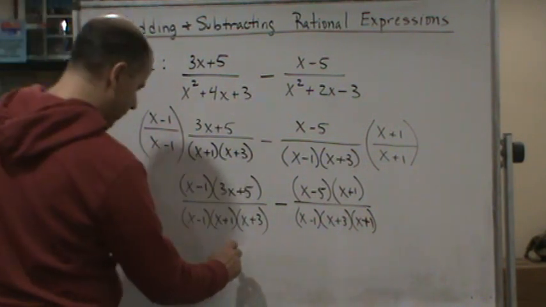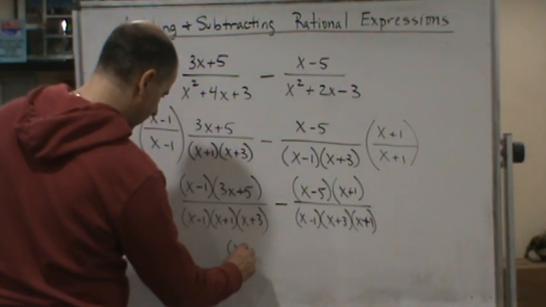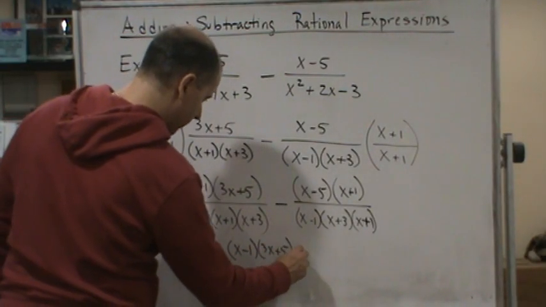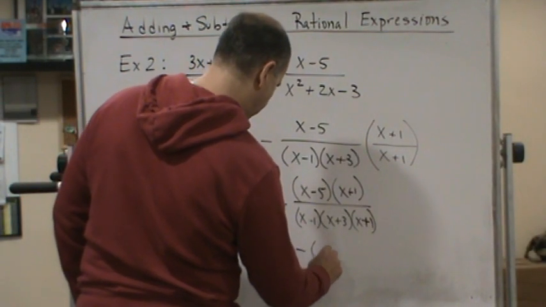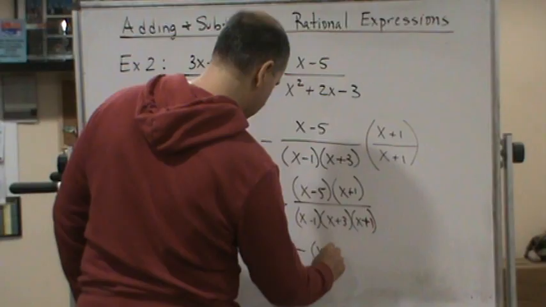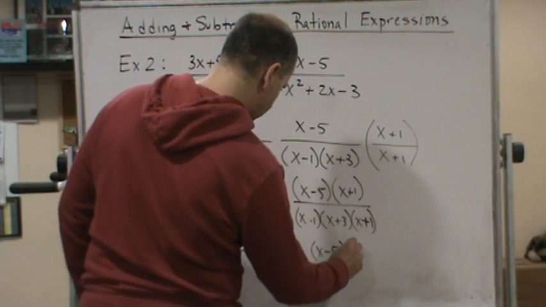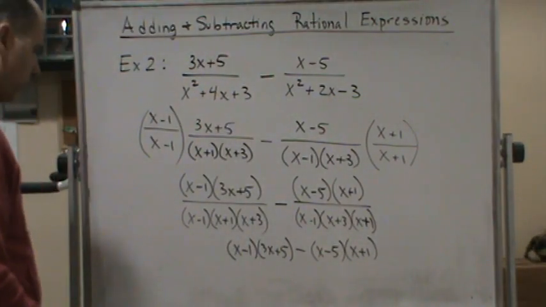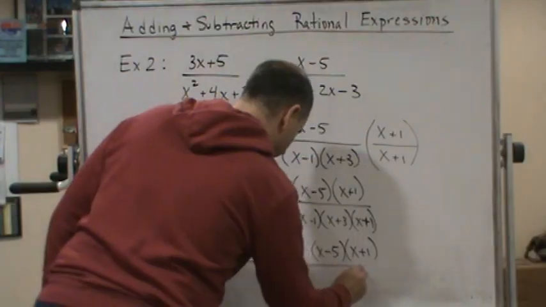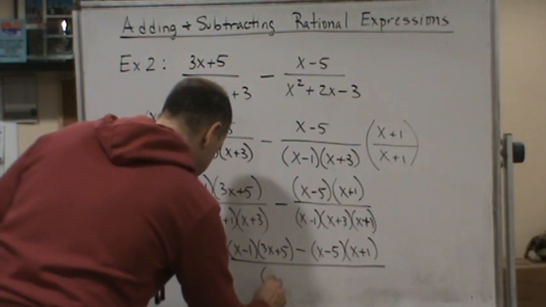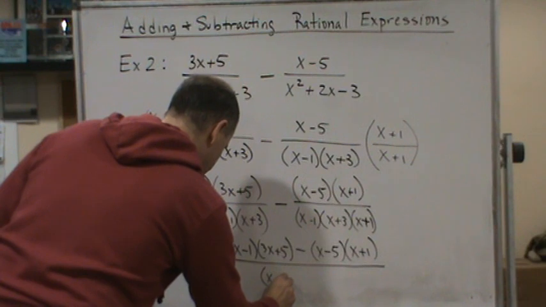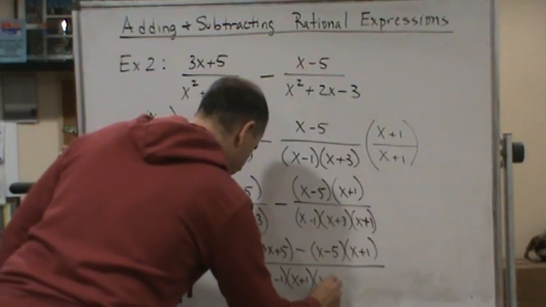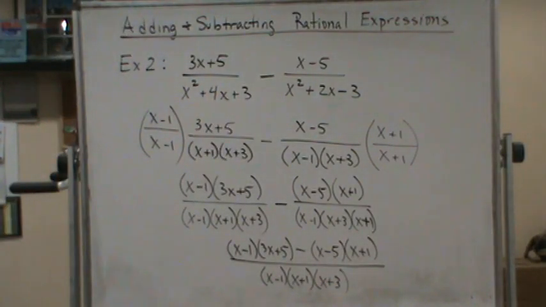and keep the bottom. So that means I'm going to end up with x minus 1 times 3x plus 5 minus x minus 5 times x plus 1 all over x minus 1, x plus 1, x plus 3.